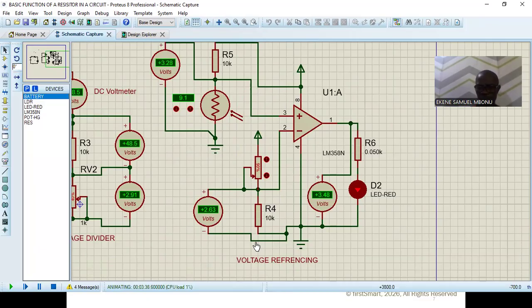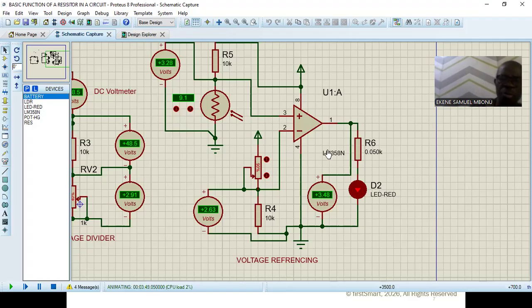And so we can see here that this voltage is referenced to be 2.63. I can change it. We can actually change it, but then once we change it, it remains where it is.